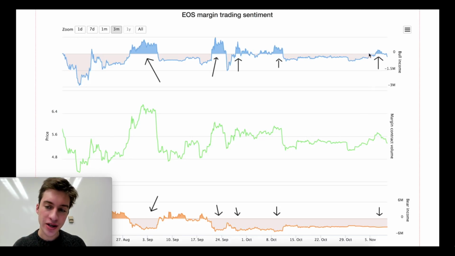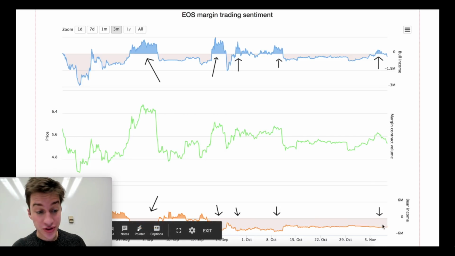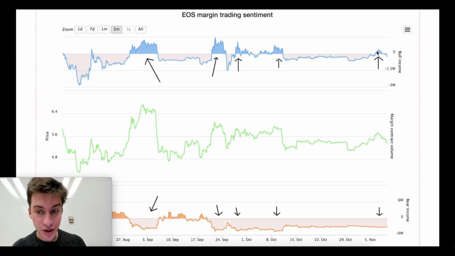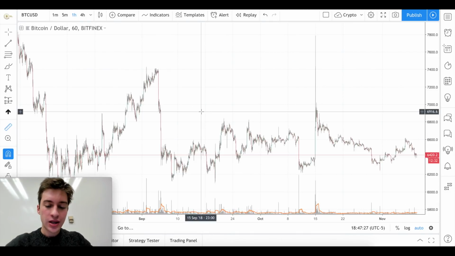Final note that I want to put on here is, look what just happened on EOS USD. We had profitable longs. Finally, after a long time, longs came into profit. How about the shorts? They're still unprofitable. So with unprofitable shorts and profitable longs, what do we think is going to happen to EOS? Well, price went down, and let's go take a look at EOS now.